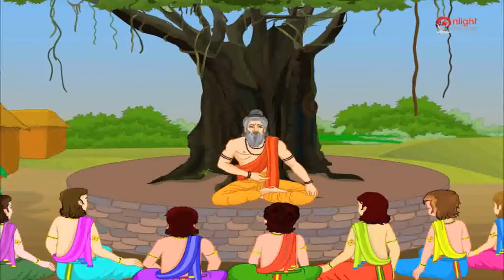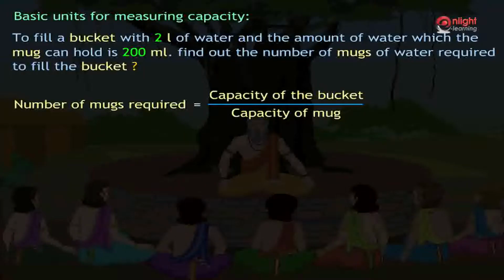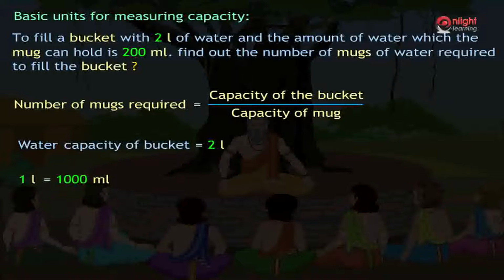Here, let us express the water capacity of the bucket in milliliters. Water capacity of the bucket equals 2 liters. We know that 1 liter equals 1000 milliliters. Hence, 2 liters equals 2 into 1000 milliliters, which equals 2000 milliliters.